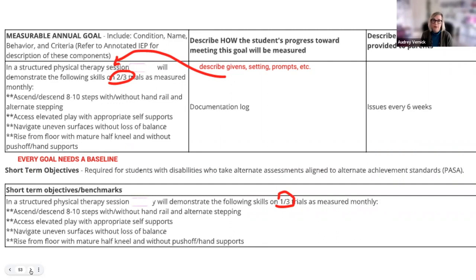And alternate stepping. So I want the baseline to say, this student can ascend 0 steps without a handrail, using an alternate step pattern. The goal will be that by the end of this year, he will ascend 10 steps with a handrail, using alternate stepping, right? Or without a handrail, maybe that's what the goal is.